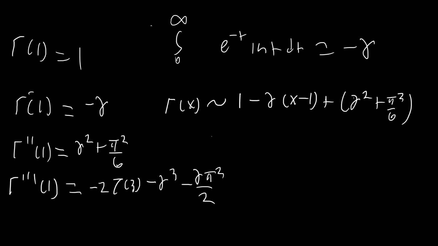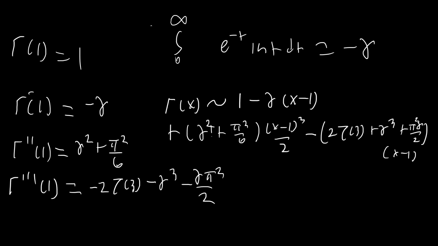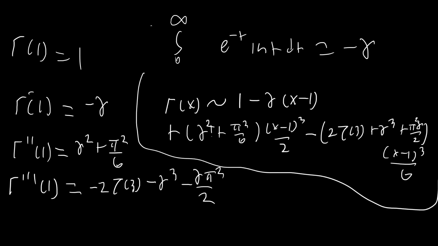Actually, I'll do that on the next line because there's not really space here. x minus 1 squared over 2, and then minus 2 zeta of 3 plus gamma cubed plus pi squared gamma over 2, and this is all times x minus 1 cubed over 6. So this is our first approximation here.